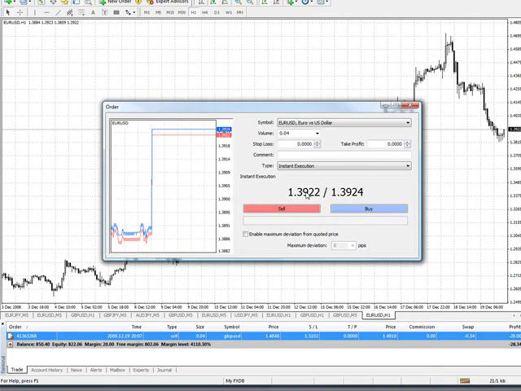Now, here's the dangerous part to using market orders: you get filled wherever the broker can fill you at. One of the ways that you can make sure that you don't get a bad fill is to come down here and use this area right here where you can say, if I get slipped, only let me get slipped 4 or 5 pips away from the current market price.